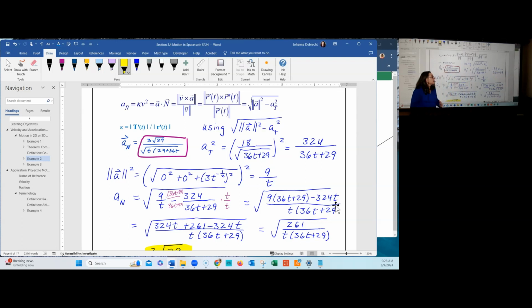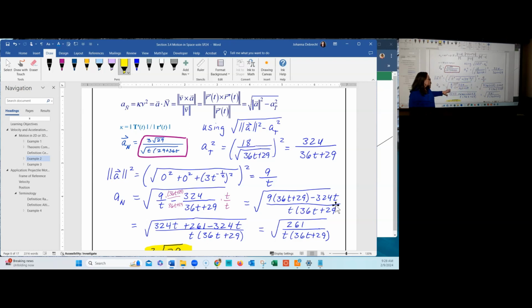Then I needed to find the magnitude of the acceleration vector. The acceleration vector was ⟨0, 0, 3/√t⟩, and when I square each component, add them together, take the square root of it, then square that, I get 9 divided by t.